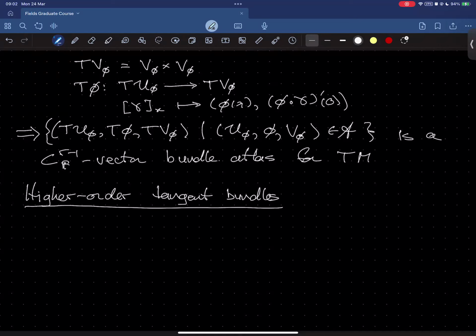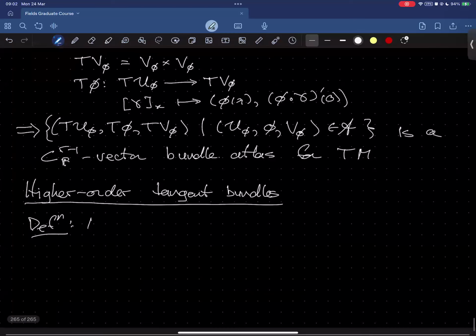But what we'll see is that the structure is not the same as the structure you got with the tangent bundle. Okay, so let's start at the beginning. When we defined tangent vectors, we defined a tangent vector as an equivalence class of curves. So we're going to do a similar kind of thing, just the notion of equivalence will be different.